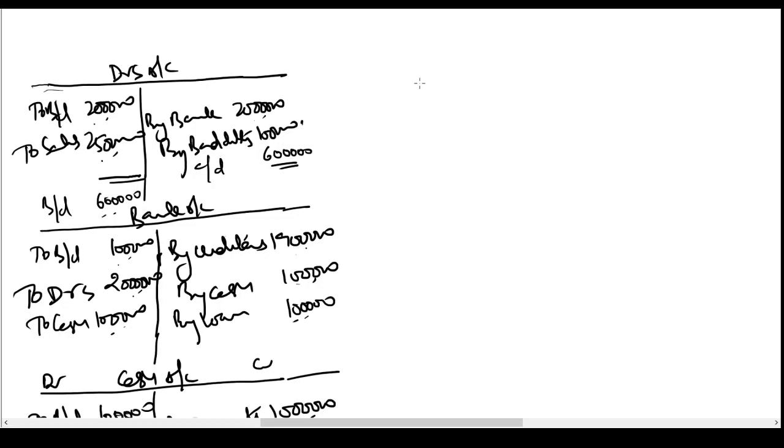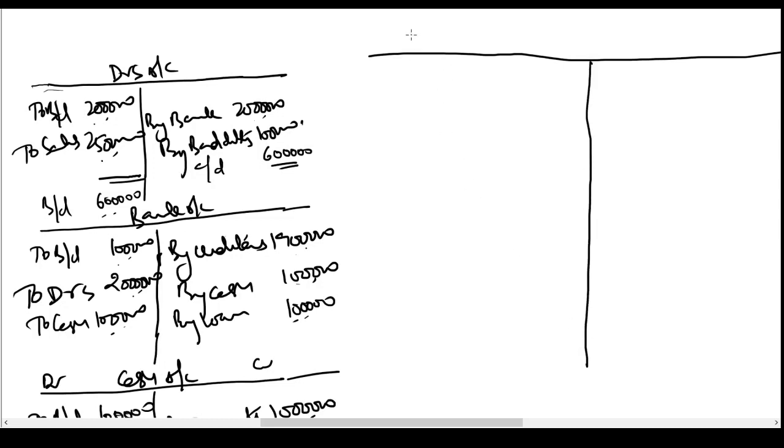What we do is, such balances are listed in a statement called the balance sheet. This is not an account, this is only a statement of balances. Balance sheet of trader as on 31st March 21.